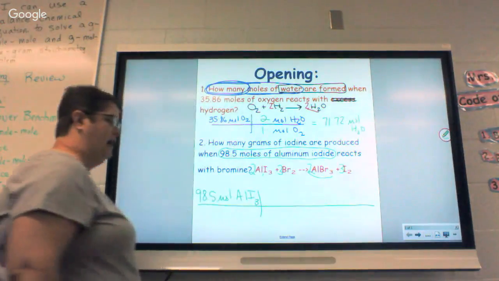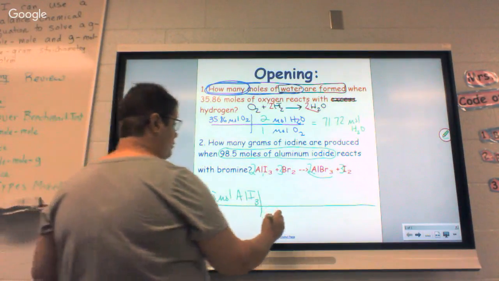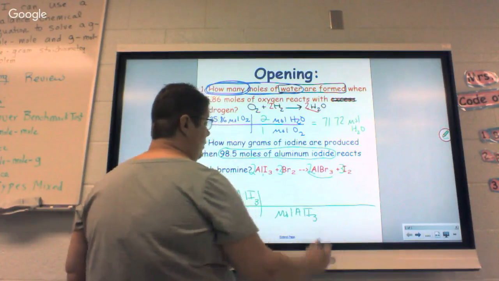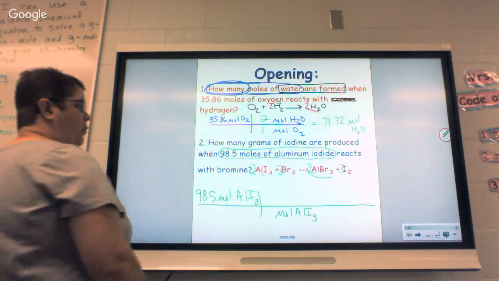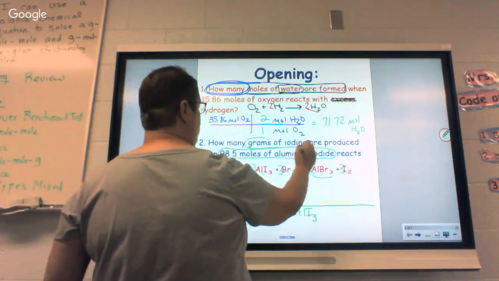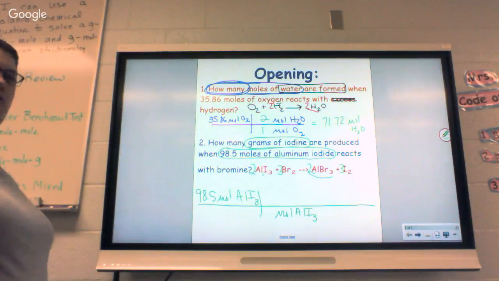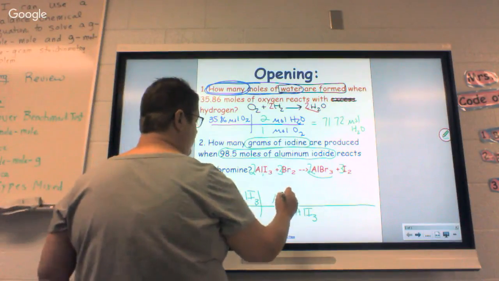All right, so what has to go on the bottom? Moles of aluminum iodide. Are we changing compounds? Yes, it wants to know grams of what? Iodine. So, if we've got to change compounds, what has to go on the top? Moles.